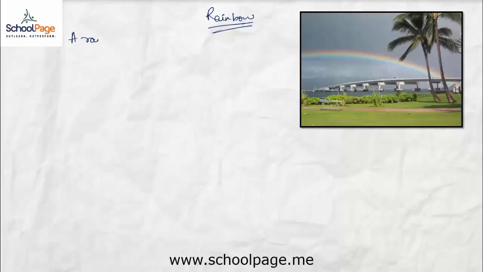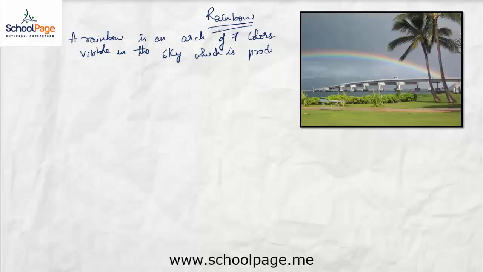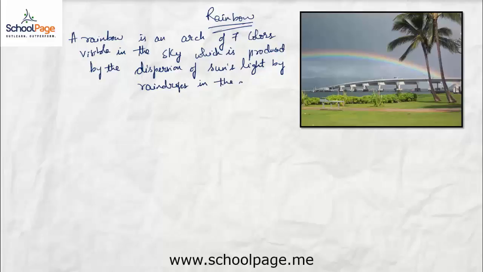A rainbow is an arch of 7 colors visible in the sky, which is produced by the dispersion of sun's light by raindrops in the atmosphere.